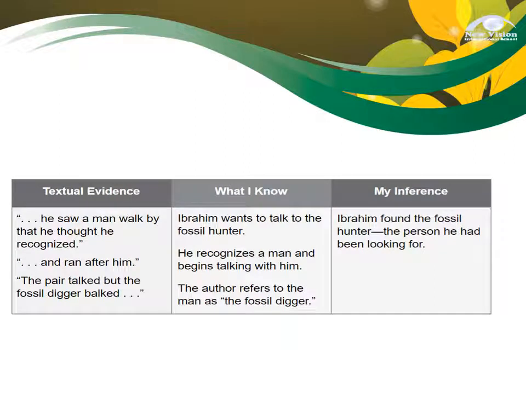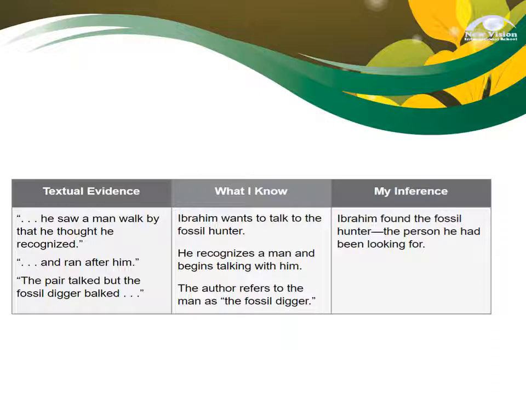In this excerpt, we've learned that Ibrahim sees a man he recognizes and runs after him. The author says that the pair talked, and he refers to the man as the fossil digger. These details help you infer that the man Ibrahim ran after and talked to was the person he was looking for.